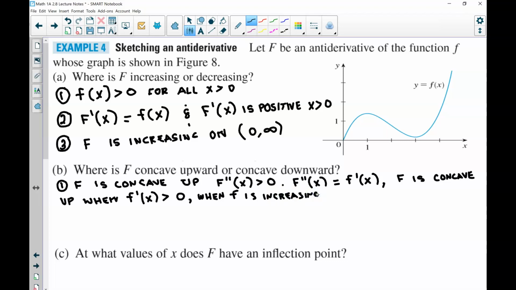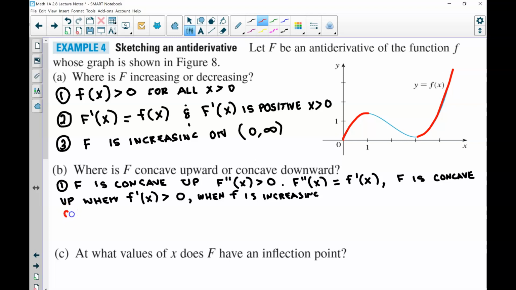So if we look at the figure, we see that f is increasing where? Well, it's increasing from 0 to 1. And it's increasing when it's greater than what? 3 here. So where it is increasing, we would then say it is concave up.